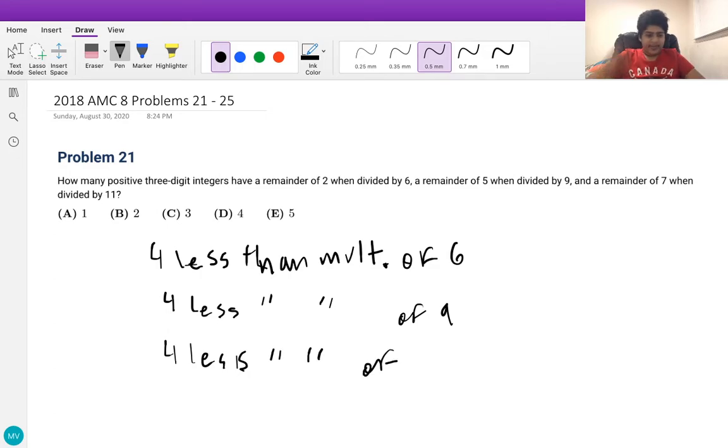So because it's 4 less than a multiple of 6, 4 less than a multiple of 9, and 4 less than a multiple of 11, we know that it's 4 less than a multiple of the LCM of 6, 9, and 11.